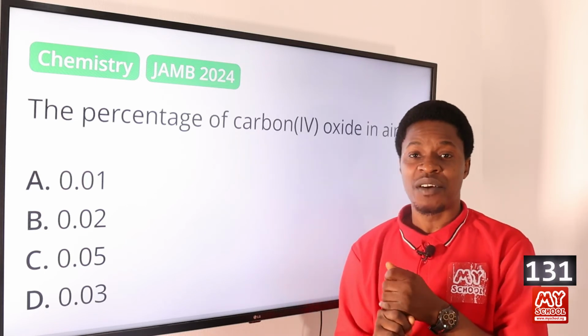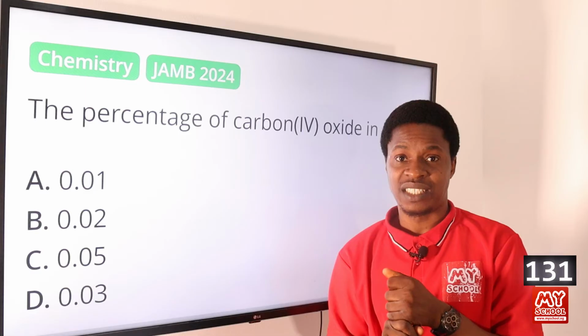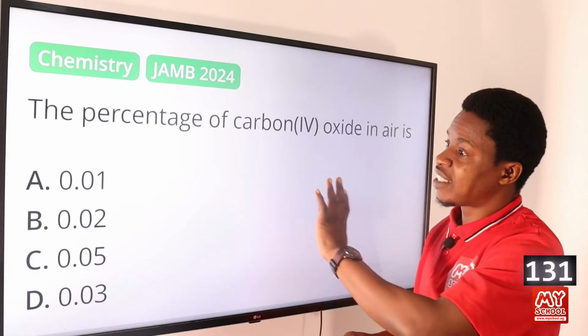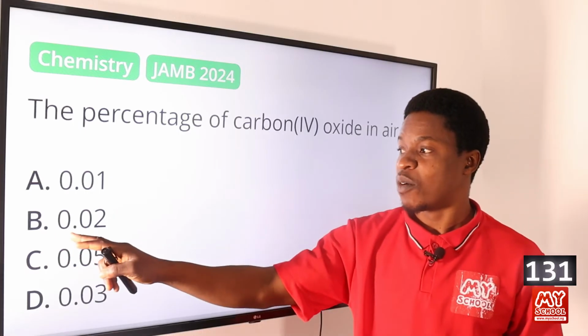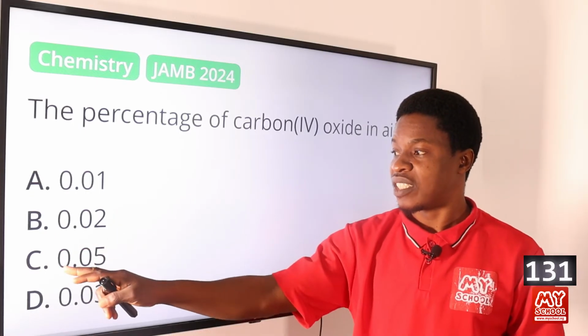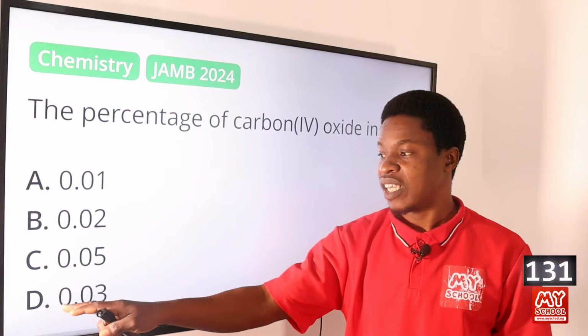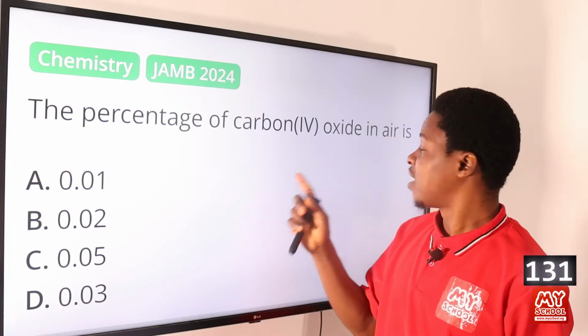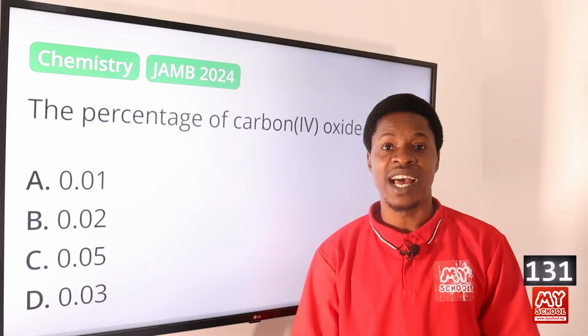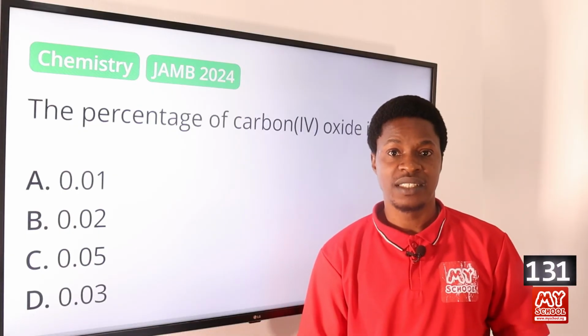Then argon contains about 1%. So for the options, option A says 0.01, that is not it. Option B says 0.02. Option C says 0.05. Option D says 0.03. The percentage of carbon 4 oxide in air is 0.03. So the correct answer is option D.